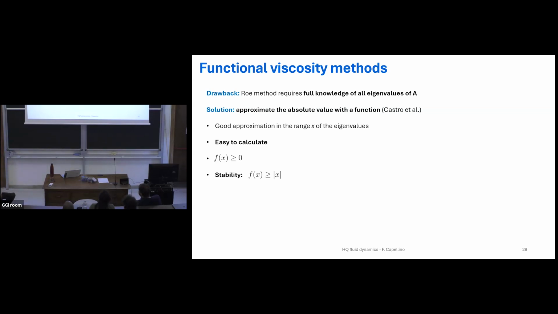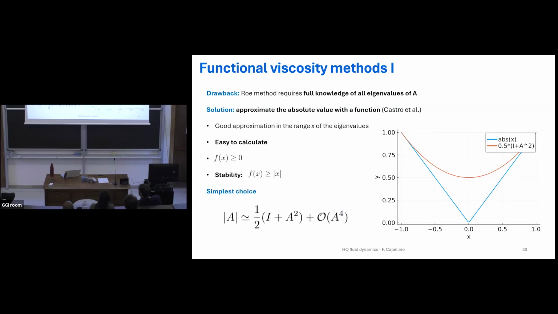And for a stability condition, it also should be larger than the absolute value in the range of eigenvalues that we are considering. And the simplest solution is to consider this approximation. So you see that you have a larger deviation at 0 eigenvalues, and then when you go to 1, you have instead a good approximation. Now we can check whether this is a good choice.